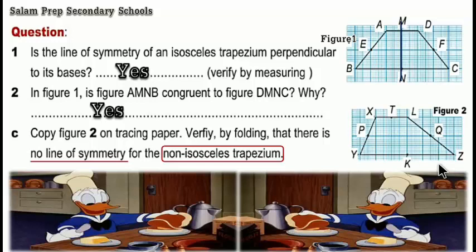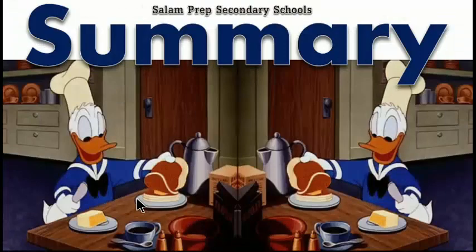Please pay attention with me. Figure 2: there is no line of symmetry for a non-isosceles trapezium. Figure 2 is called a non-isosceles trapezium or scalene trapezium.